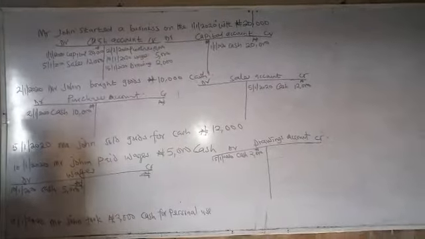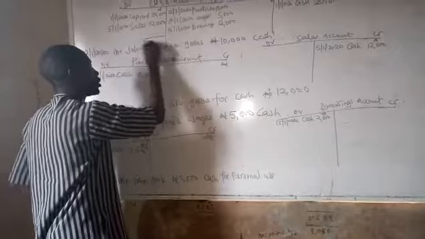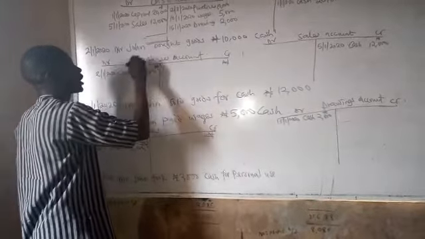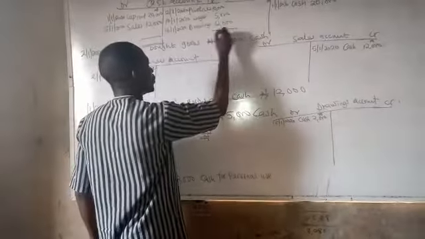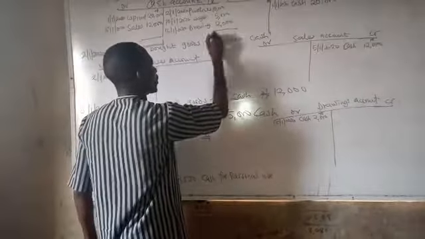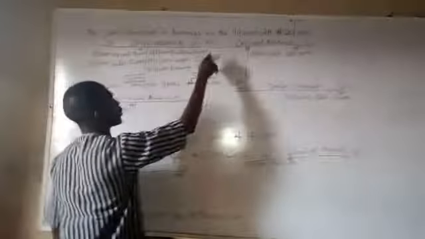Now, on this side, the debit side is what? Is higher than the what? The credit side. This shows that Mr. John will still be having some money in his cash account. This is 32,000. And this is what? 17,000. Let's take away 17,000 from 32,000.